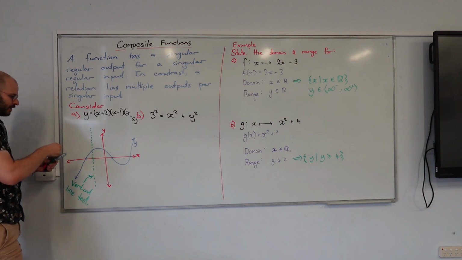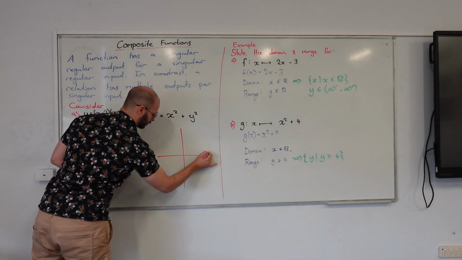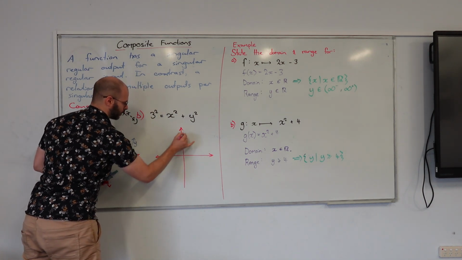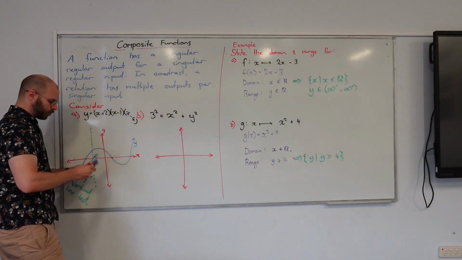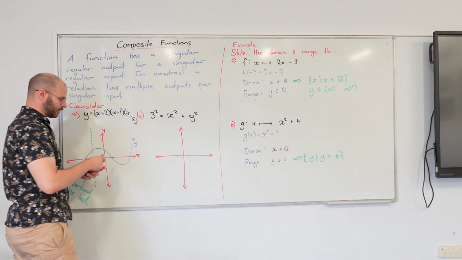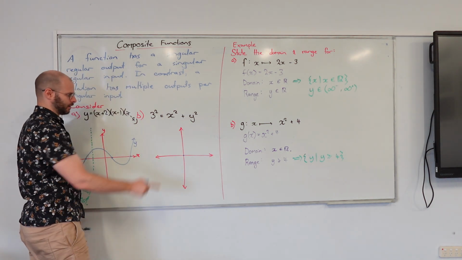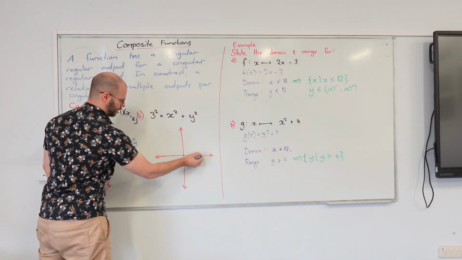Now, in contrast, does anyone remember what this guy will look like? Probably a circle. A circle, where will its origin be? Probably at 0, 0, the origin. And what will its radius be? 3.